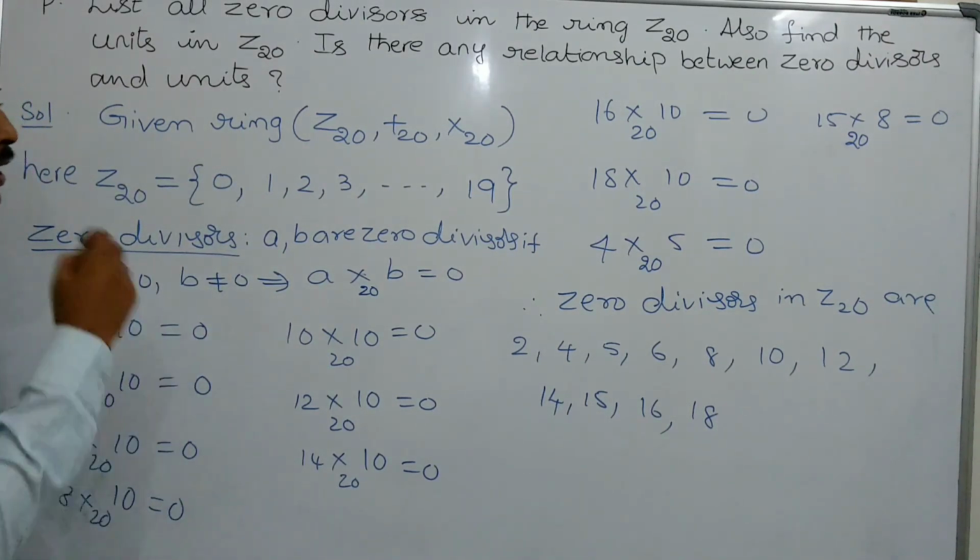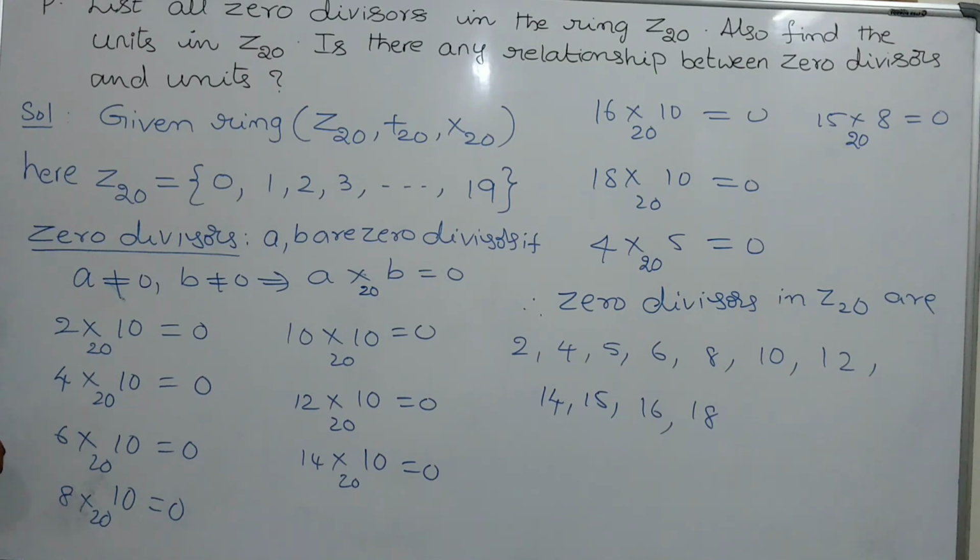So let us go for units. What is a unit? If the element has a multiplicative inverse, then it is known as a unit. Make a note.